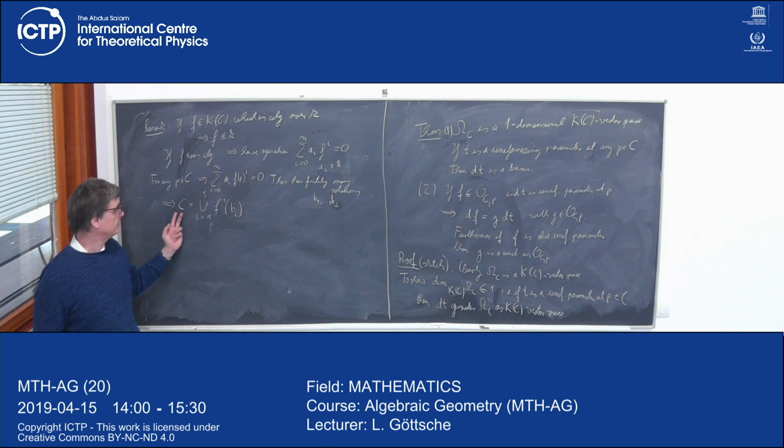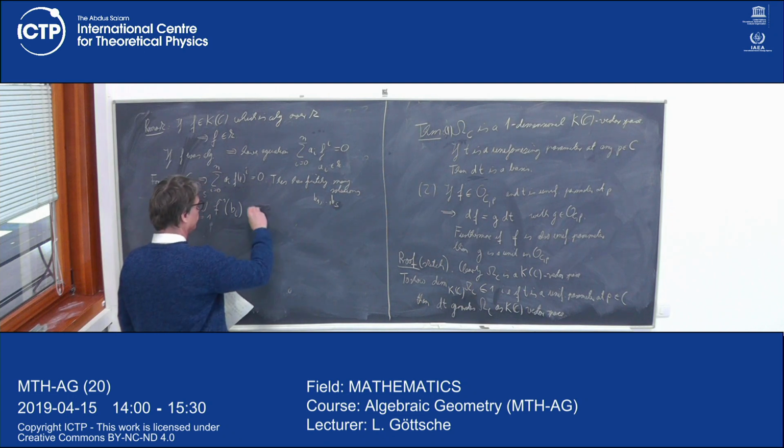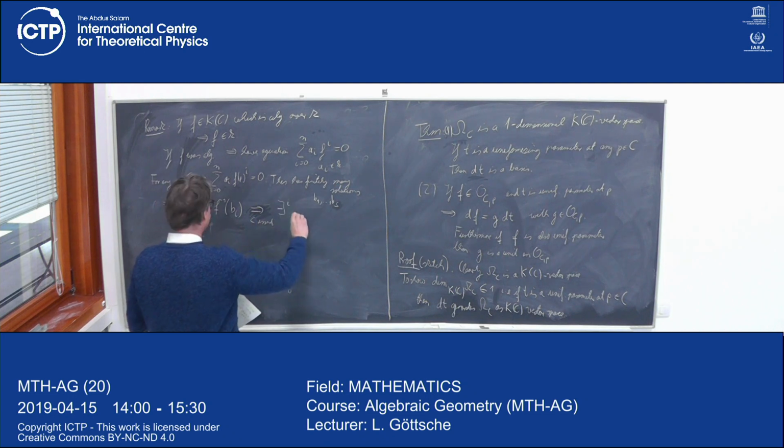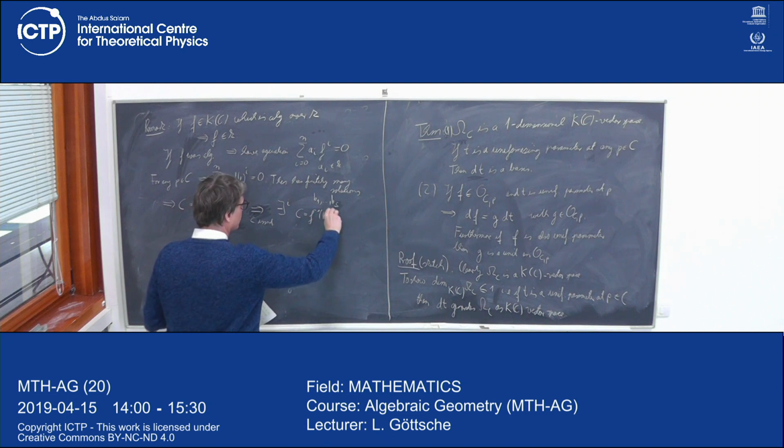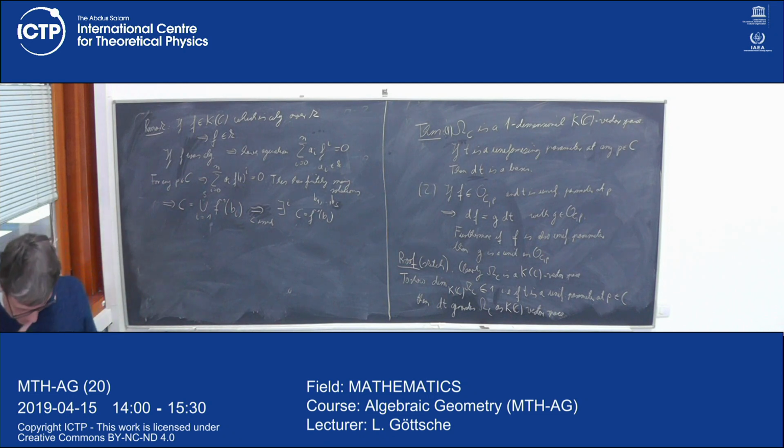So it means C is a finite union of closed subsets. As C is irreducible, it follows there exists an i such that C is equal to F to the minus 1 of b_i. And so it means F is constant.